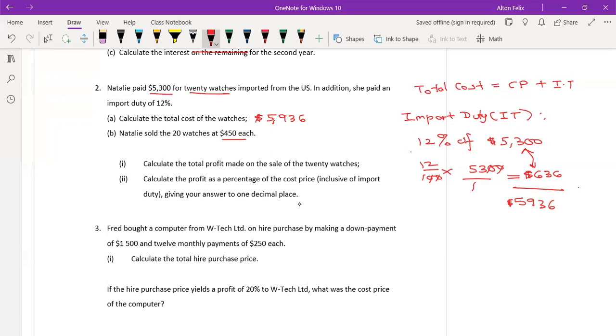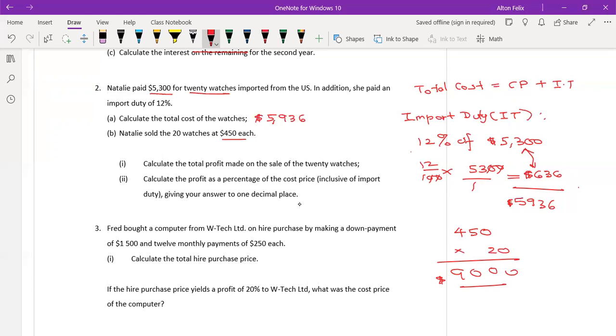So let's work out how much she got in gross revenue in selling those 20 watches at that price. All right, so that's looking like a cool $9,000. Old school maths again. 450 multiplied by 20. This will be 90. And you bring down these zeros. That's $9,000. So if she got $9,000 and the total cost was $5,936, then the difference would be what you can call profit, right?